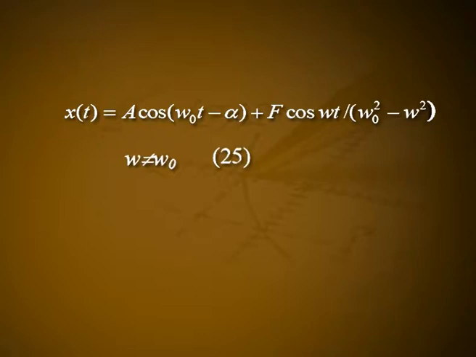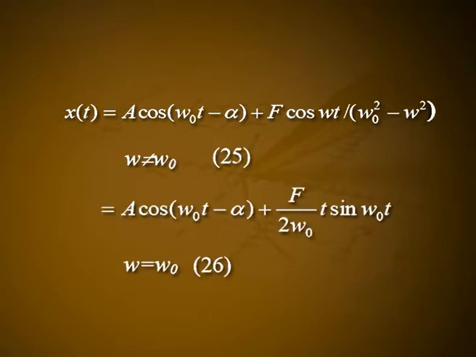When omega is equal to omega naught, it is equal to a cos of omega naught t minus alpha plus f by 2 omega naught into t sin omega naught t.